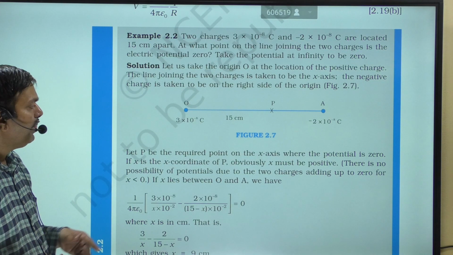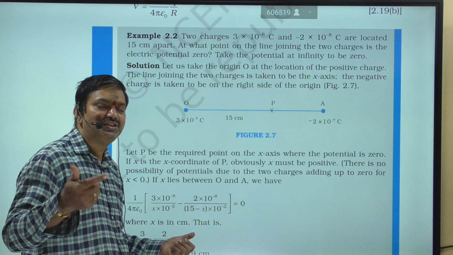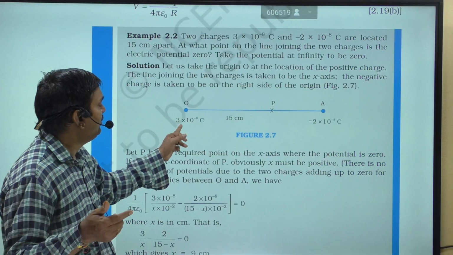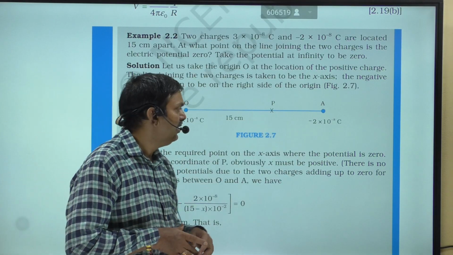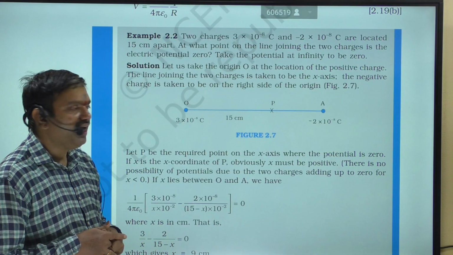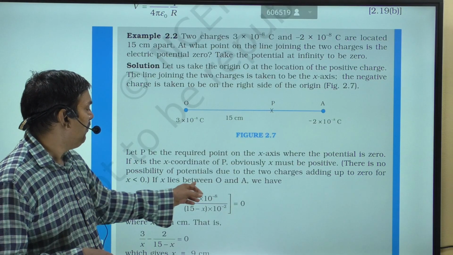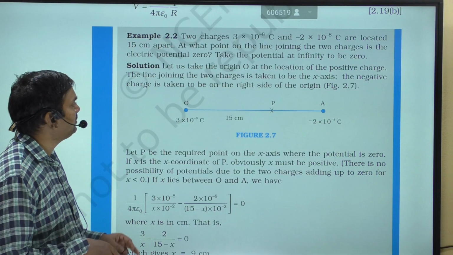One is 3 into 10 power minus 8 coulomb and the other is minus 2 into 10 power minus 8 coulomb. So it's just like two individual charges, and we need to check if the point lies between O and A. So there are three options.